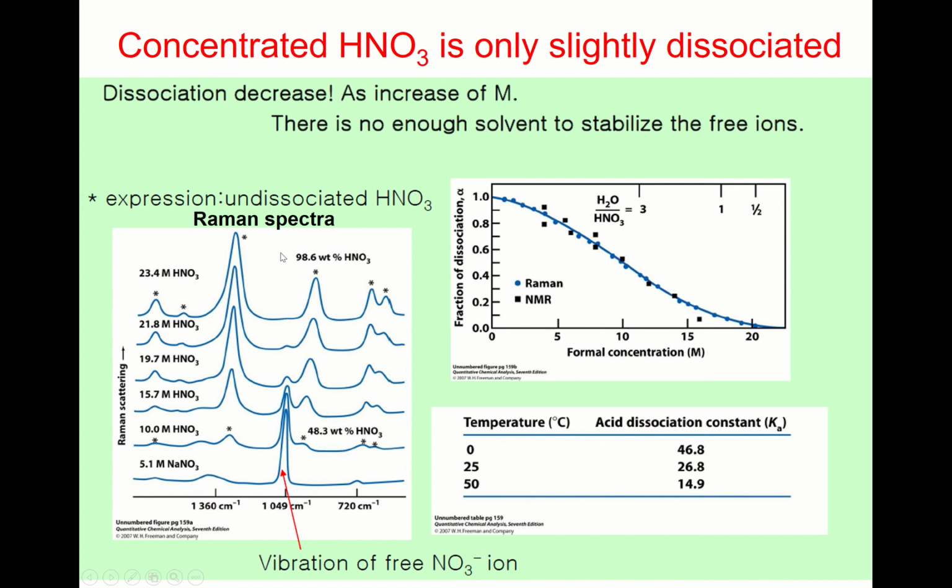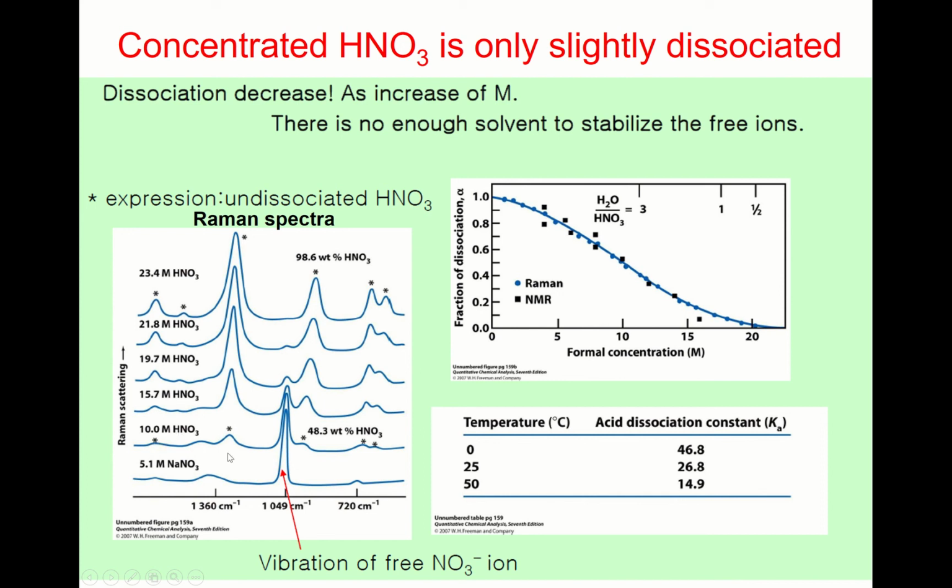They give the same information, the vibrational spectrum of the species, although the principles are completely different. At any rate, let's take a look at these Raman spectra of nitric acid as a function of concentration, especially when it is very highly concentrated.